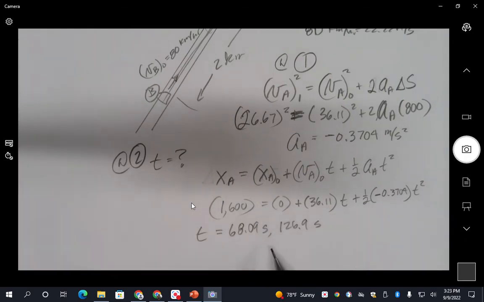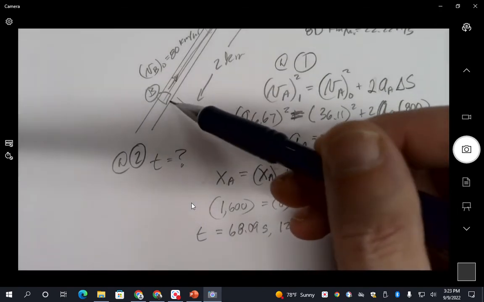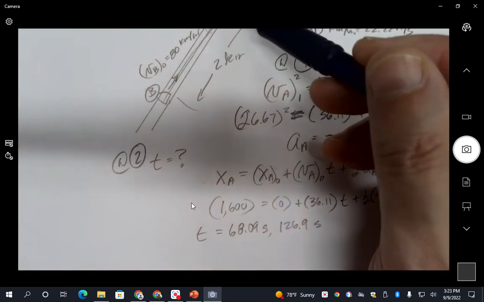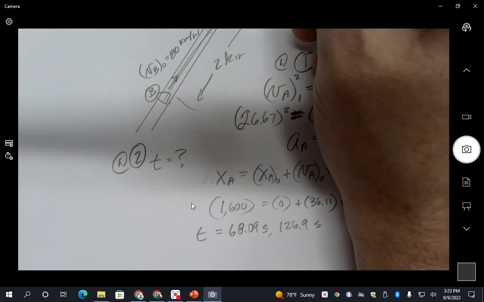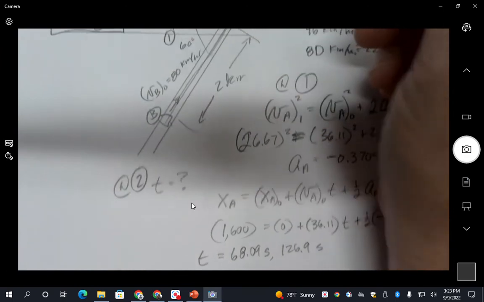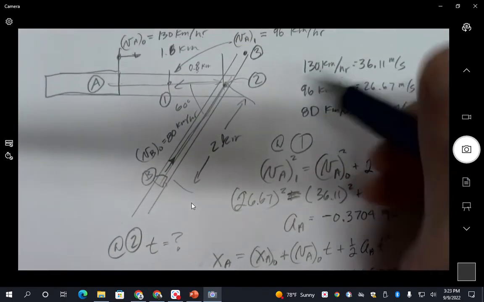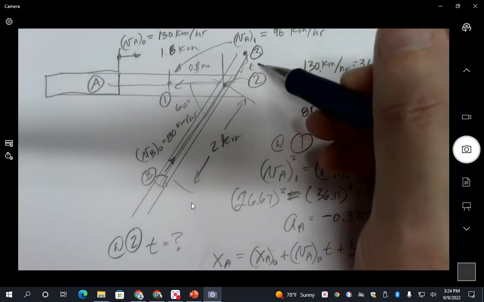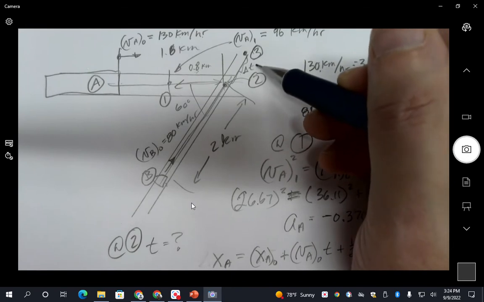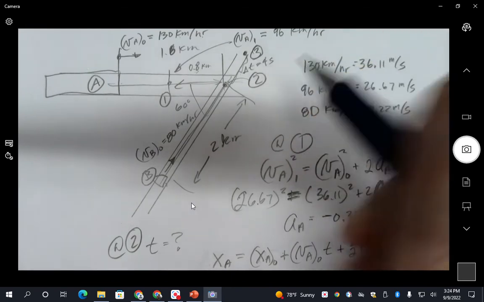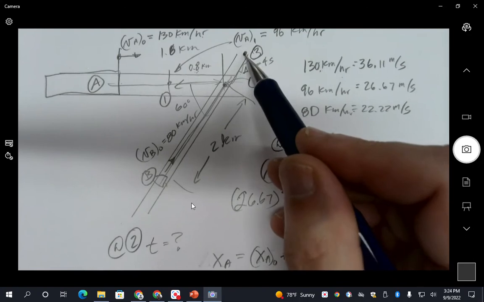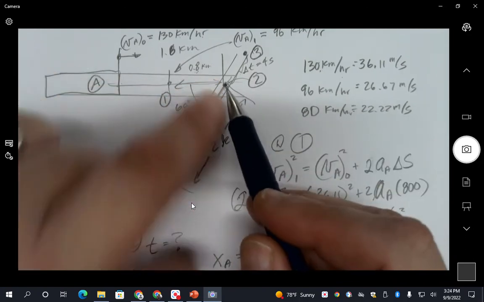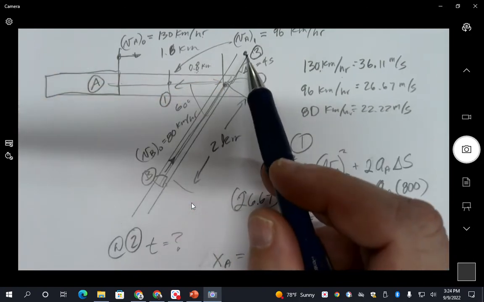So we need the time because we were told in the problem that this guy gets to, let's call it point 3, right here, and that this took place delta 4 seconds. So he has passed over to here. When the train gets right to here at 2, this car is here at 3.